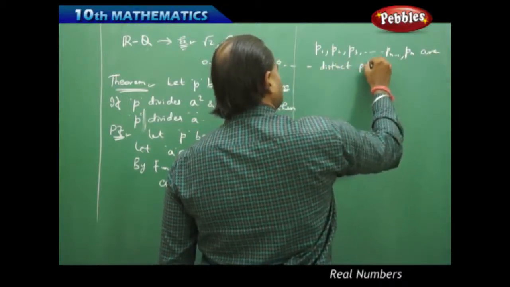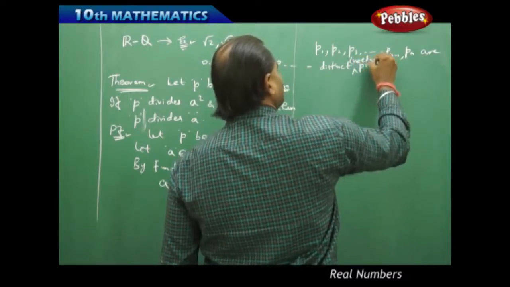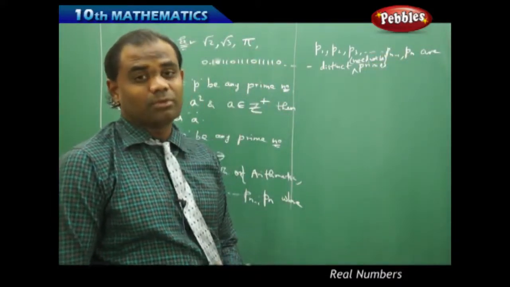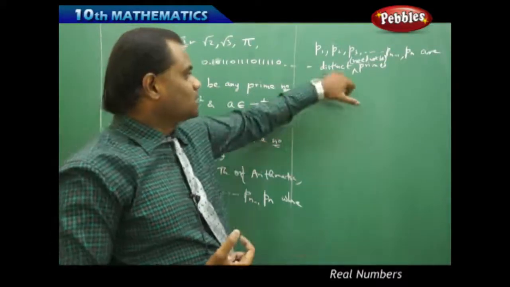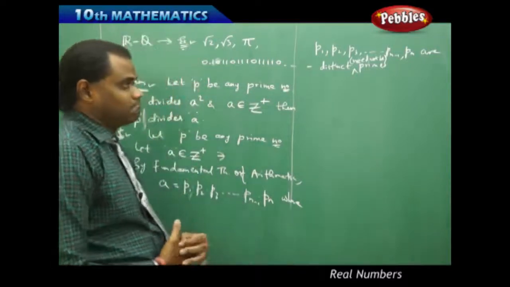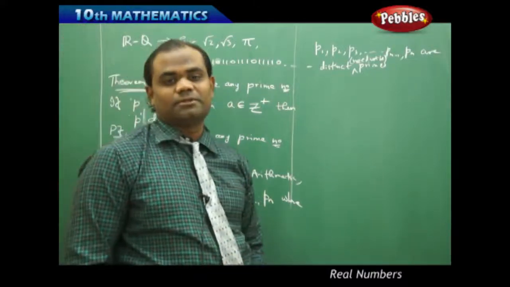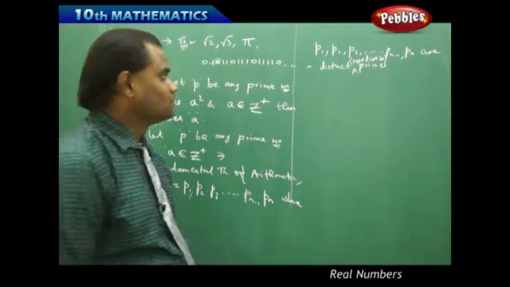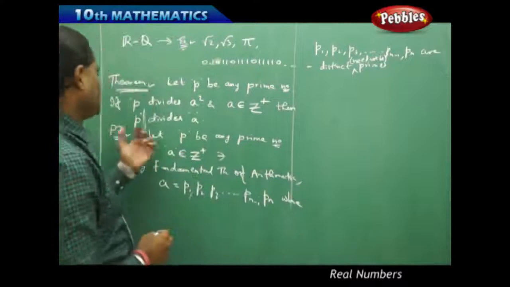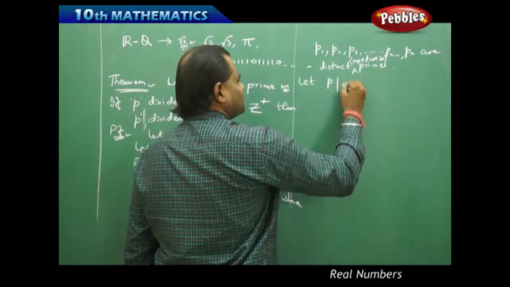So these primes are distinct or need not be distinct, because sometimes they repeat. For these primes, I have a expressed as p1 times p2 times p3, and so on till pn. Now, my statement says that if p divides a square, so let p divide a square.